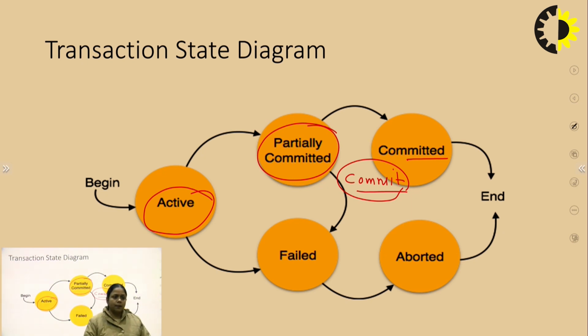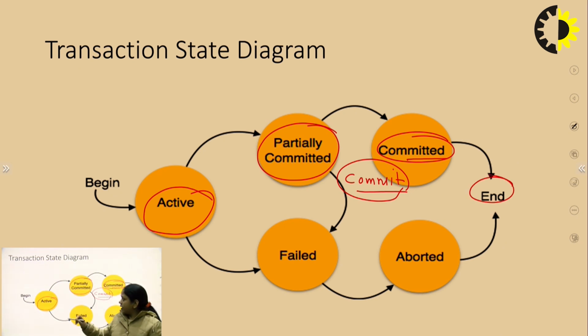After the complete execution of all operations of the transaction, we are in the partially committed state, and when the commit is also performed, the transaction will go to the committed state. Fine. So when the transaction is successfully committed, then the end will come.